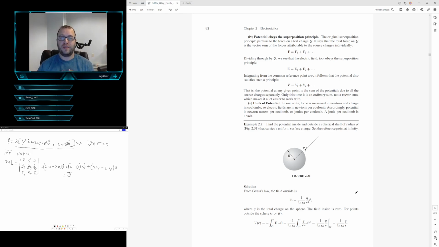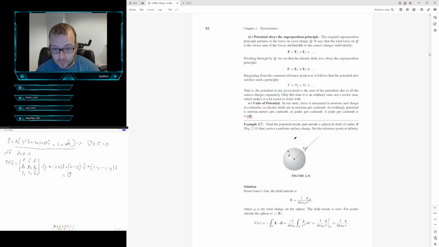And this obeys the superposition principle. So adding potentials common to some reference point is going to be equal to adding the individual potentials. And this potential is in the unit of a volt, or a joule per coulomb. So 1 unit of energy per unit of charge has a potential of 1 volt.